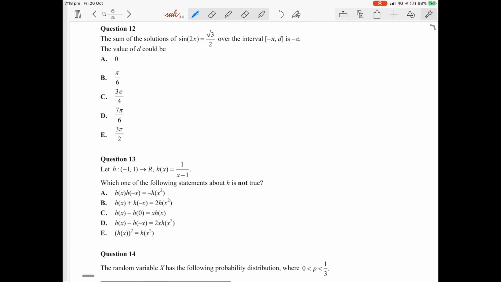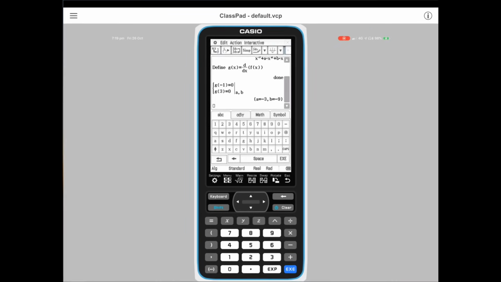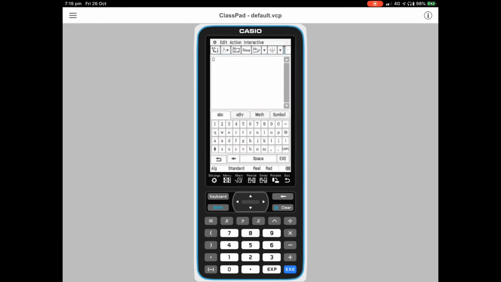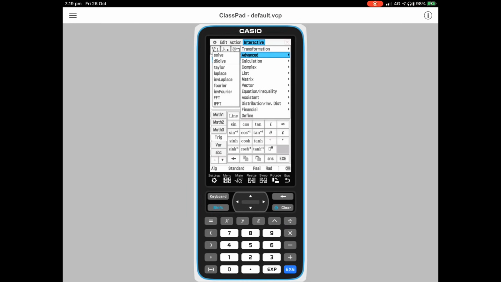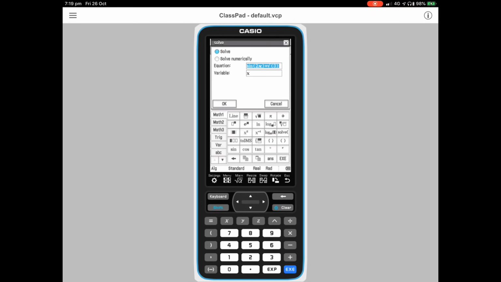Okay, the sum of those solutions. So sine 2x from -pi to d, I'm just going to do it on the CAS as well. So sine 2x is equal to root 3 divided by 2. I'm going to solve it.